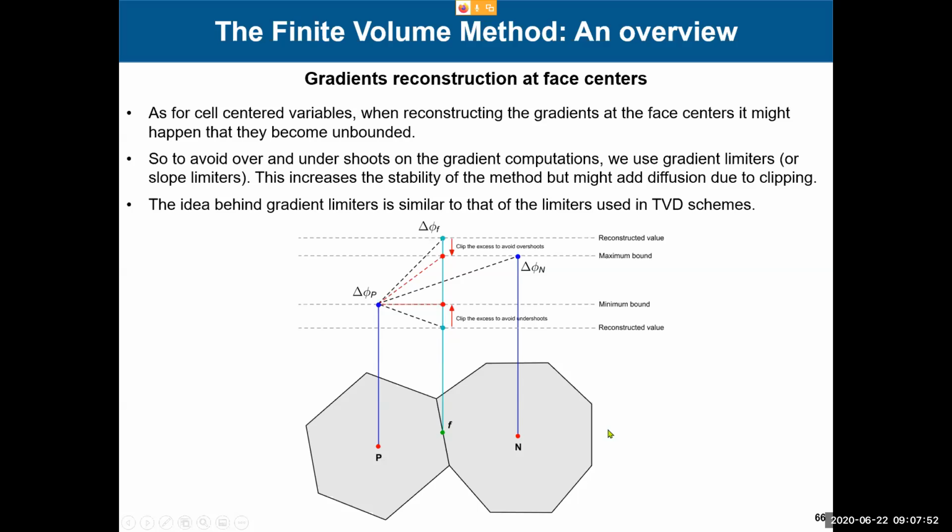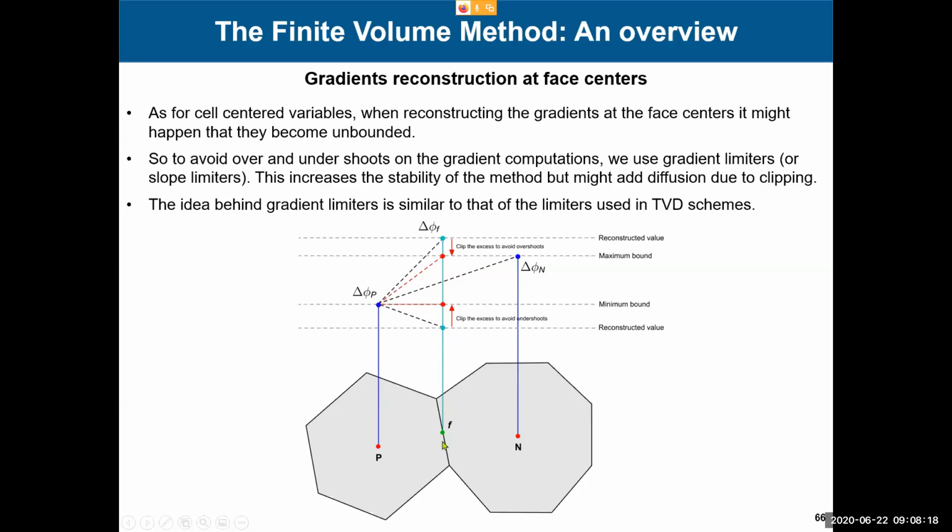And now, just to give you an image of what those are: gradient limiters, slope limiters. When you are reconstructing the gradients at the faces, it might happen that the gradient will be larger than the two values that bound it. So see that you have the gradient in P and N, and your value should be bounded between these two. It cannot be larger or smaller, but it might happen.